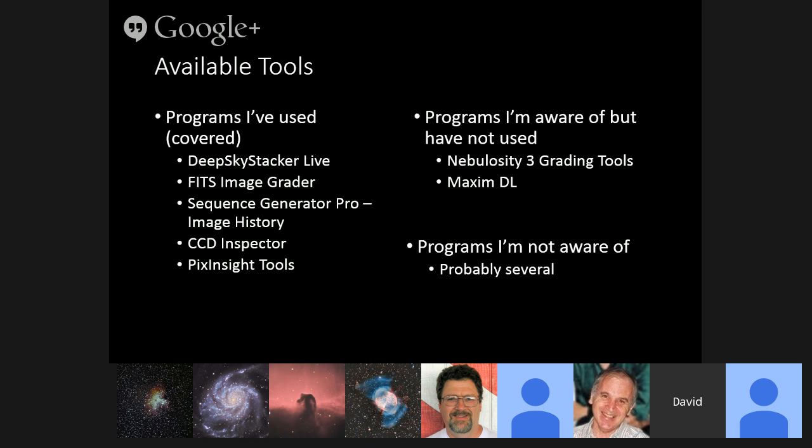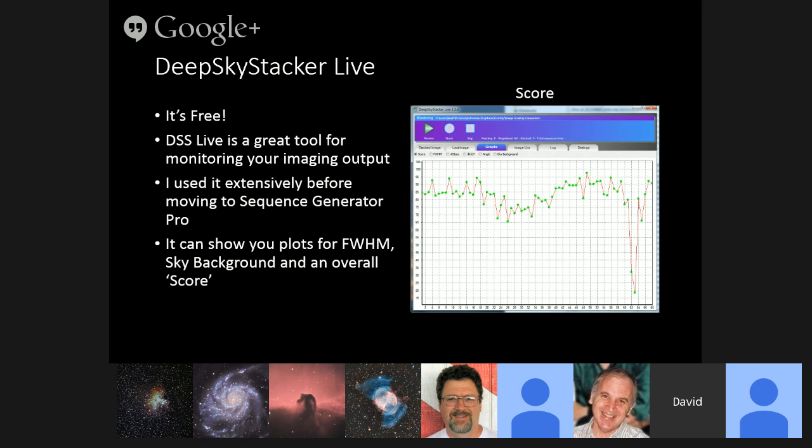I know Nebulosity 3 and MaximDL both have grading tools, but I know nothing about those. So before we get in here, I'm going to break this up into parts. The presentation will give a rough outline of what all the tools are and vaguely what they do, and then I'm going to do an interactive session with each of the different tools so we can see how they're actually used and how they work.